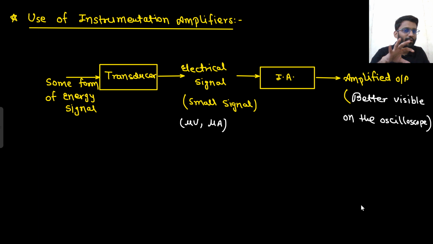These electrical signals are small, of some microvolt or microampere, so they are not readable. We cannot detect them. So for better detection, to make them readable, we need to connect an instrumentation amplifier so that we get an amplified output. This is the use of instrumentation amplifier. It is used in a lot of sensor based industries.